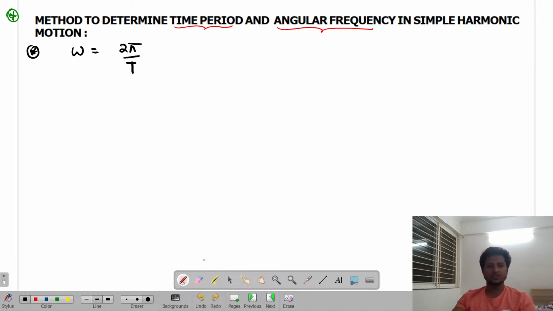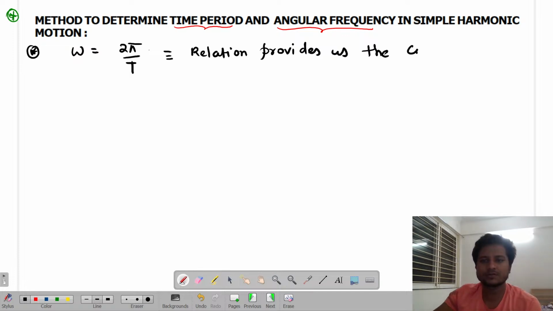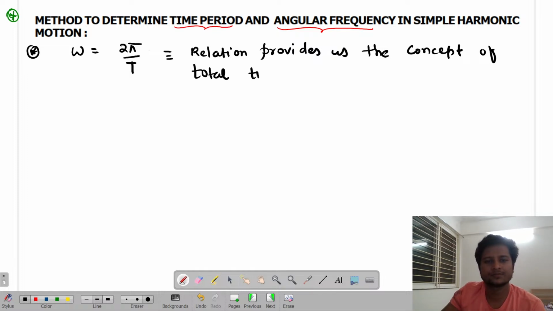This is my relation which we follow, and this relation provides us the concept of total time period in case of SHM.